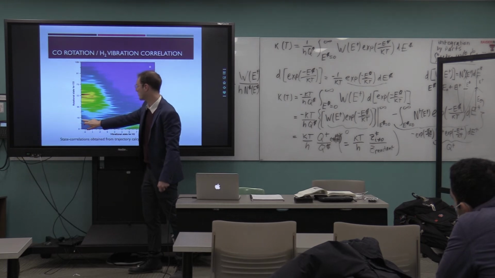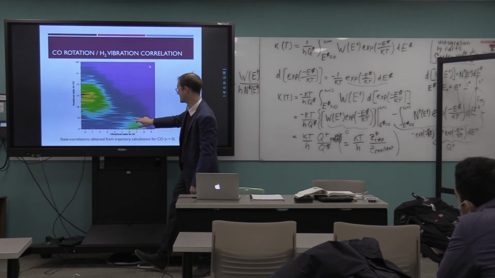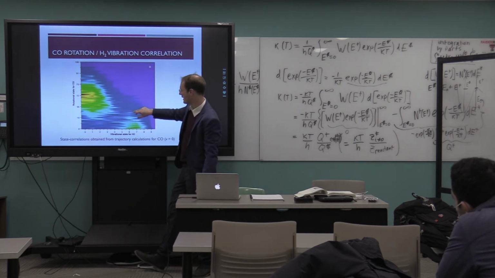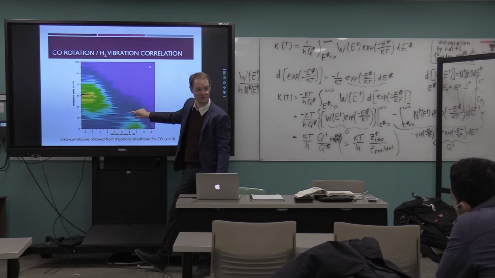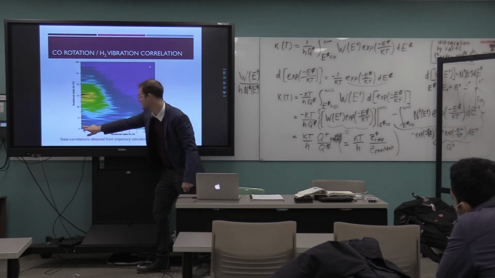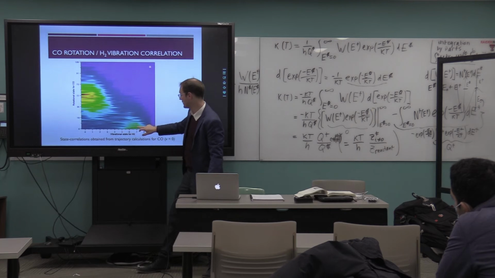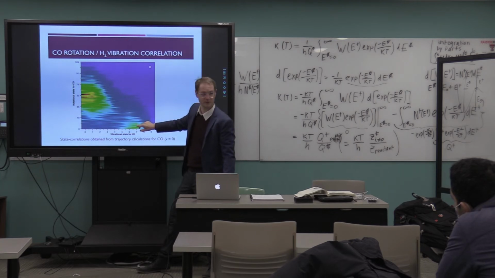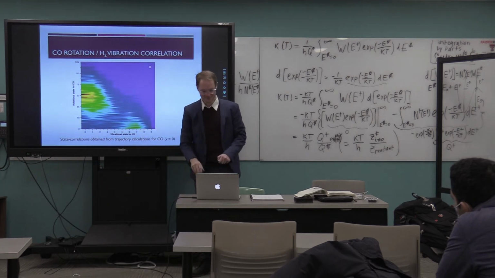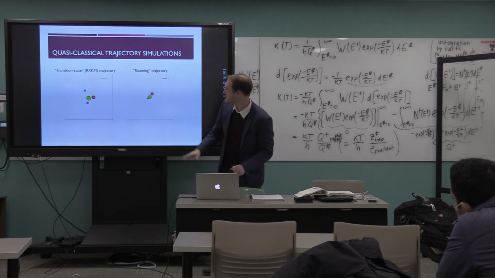But if you go to lower J states, then you start seeing this second maximum in the H2 vibrational distribution. At very low J states in the CO, you only see these very high vibrationally excited H2 states. Okay, so what's going on?